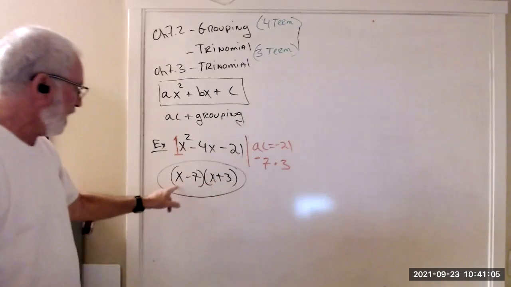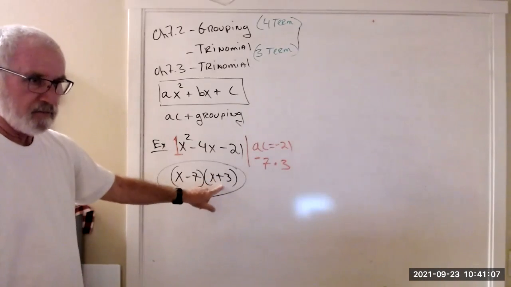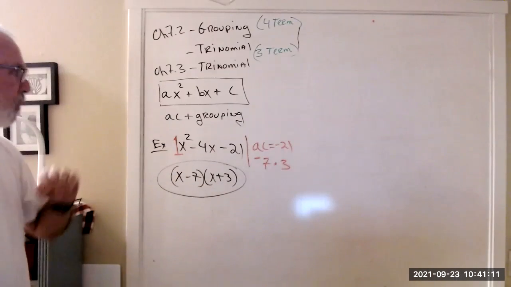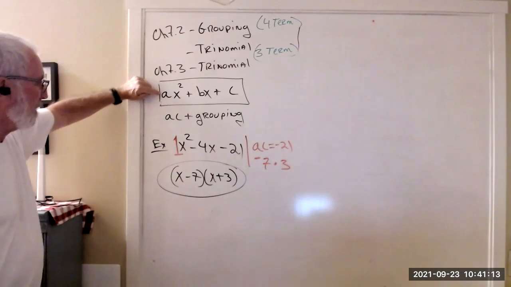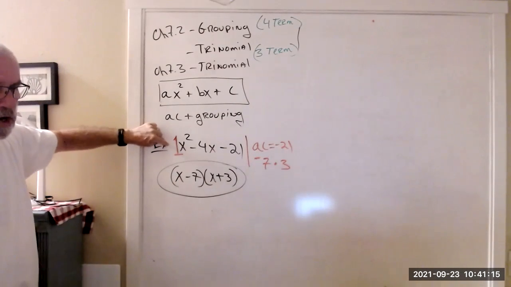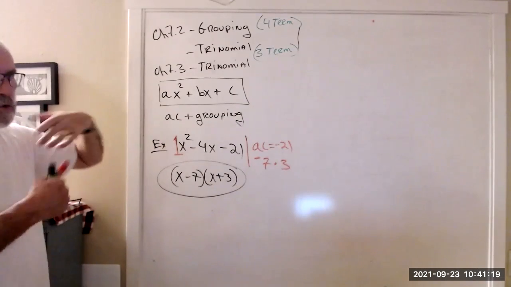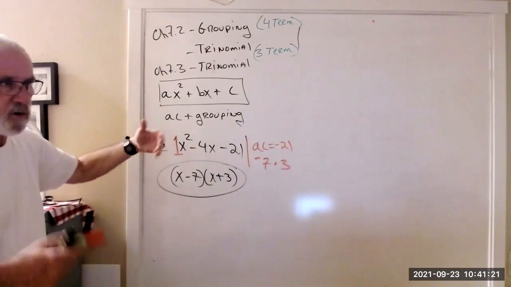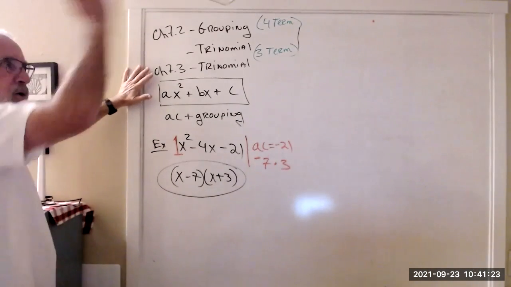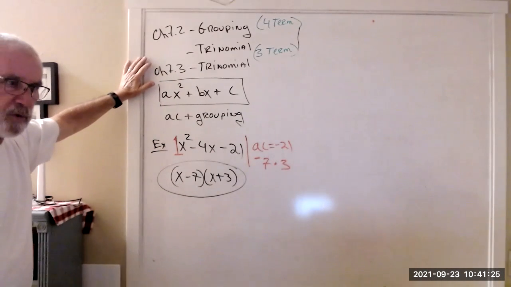Negative 7, 3, x minus 7, x plus 3. But this only works when the a value is a 1. If the a value is greater than 1, 2, 3, 4, whatever, then you have to go back and do it the way all the other ones were.